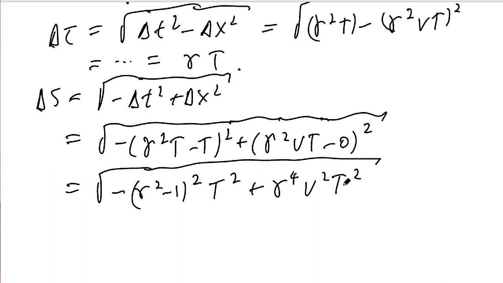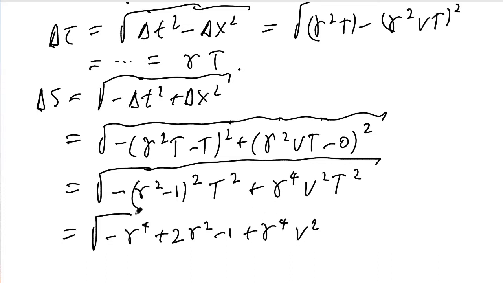Let's factor out the capital T, and let's also multiply out the square of this gamma squared minus 1. So this would be minus gamma to the fourth plus 2 gamma squared minus 1. And then from this term we have plus gamma to the fourth V squared. And here's the factor of T out from under the square root.